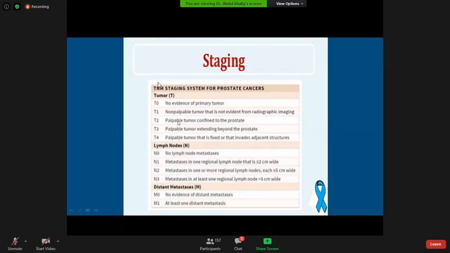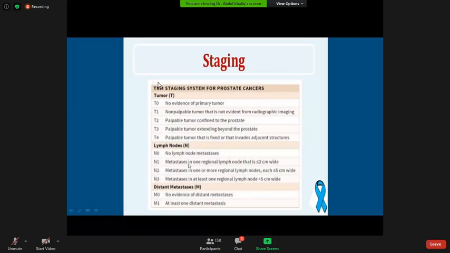Stage T1 is a non-palpable tumor that is not evident on radiographic imaging, and T2 is a palpable tumor confined to the prostate. T3 is a palpable tumor extended beyond the prostate. T4 is a palpable tumor that is fixed and involves adjacent structures.